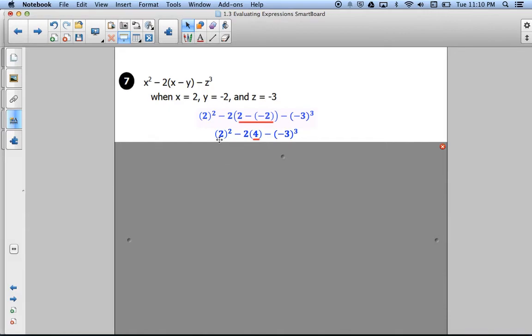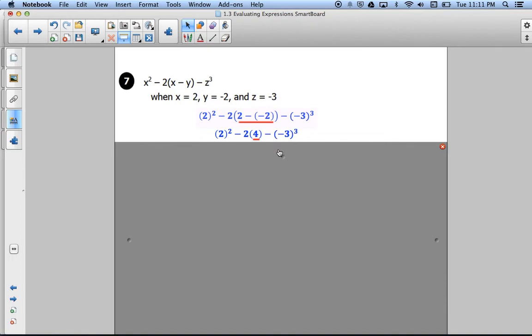Now we'll look at this and say, all right, we've done our parentheses. It's time to handle our exponents. So 2 squared is 4. Negative 3 to the third is negative 3 times negative 3. That's positive 9. Positive 9 times negative 3 is negative 27.